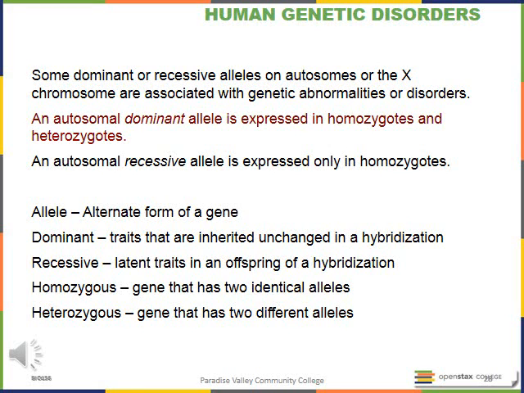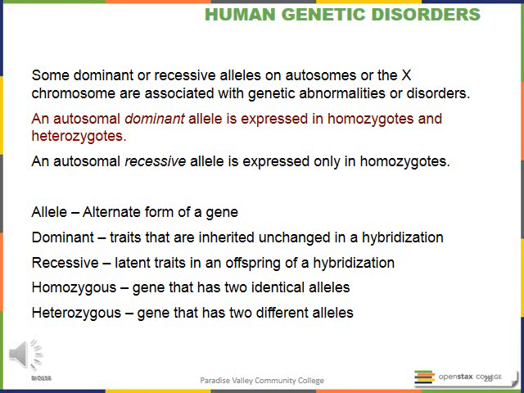Dominant. We've all heard of this. These are traits that are inherited unchanged in a hybridization. Hybridization means you're taking genes from one person or parent or plant, as we'll discuss in the next chapter, and you're taking genes from another individual. So you've got two individuals that are contributing genes to this one offspring. If that happens, you're going to have dominant traits and you're going to have recessive traits.